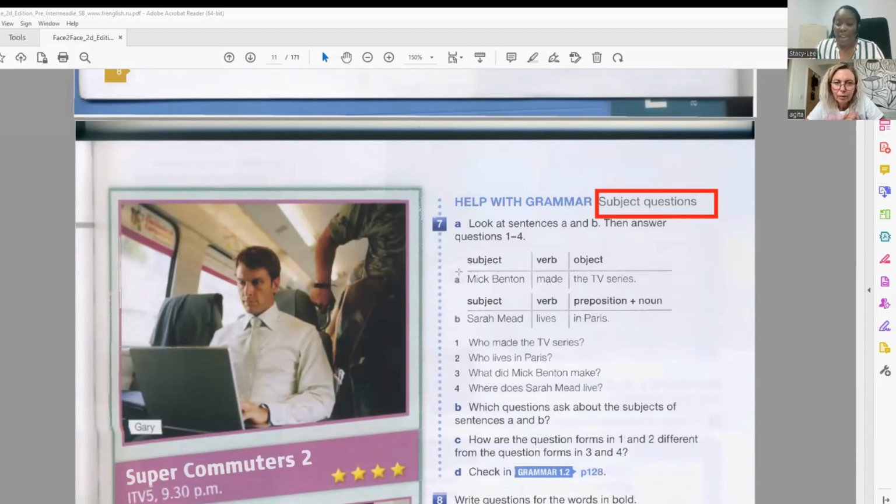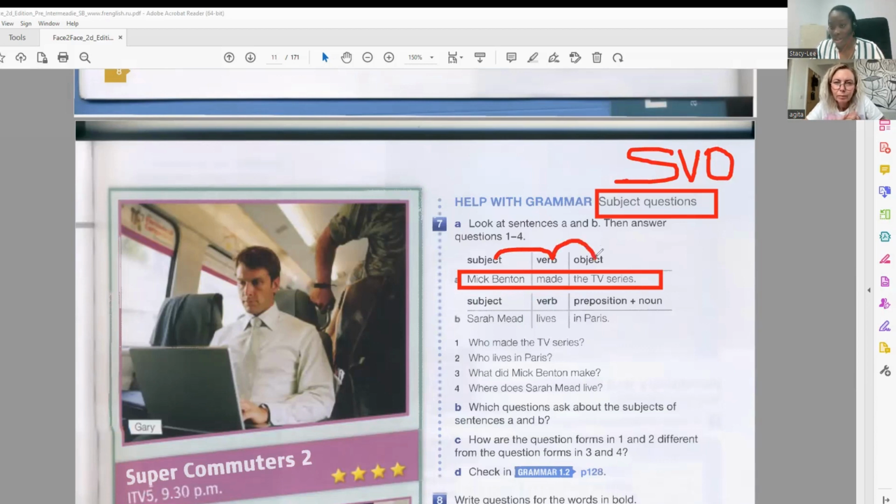So for example, I have this sentence. Mick Benton made it. With every English sentence, we have a basic format. SVO, can't forget that. Subject, verb, object. Subject, the person doing the action, which is the verb, and the object, what is receiving the action.